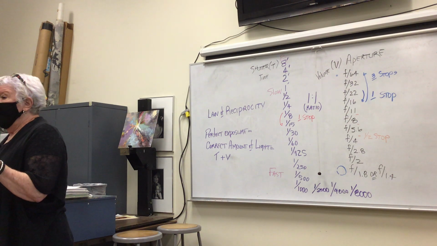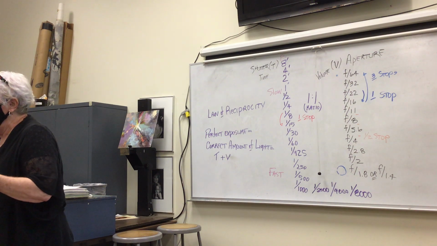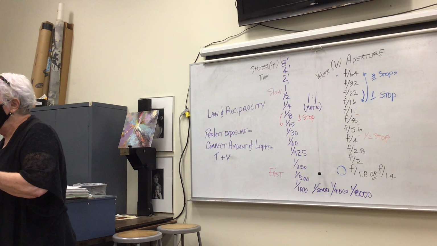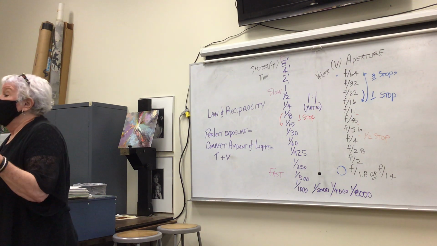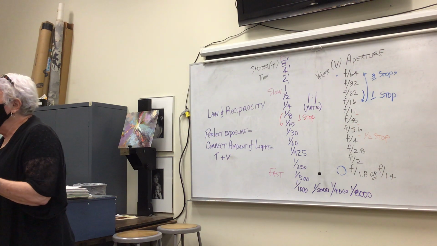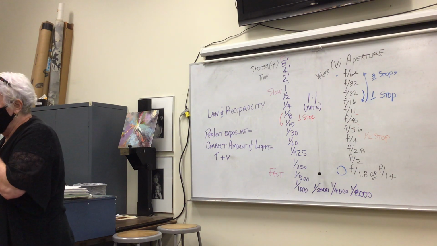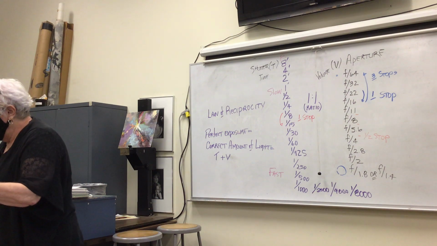But for ASA 400, that's the light sensitivity of the film. Different ASAs, whether you're talking digital or film, represent light sensitivity of the sensors or the film emulsion. The higher the number, the higher the ASA, the faster the image capture.